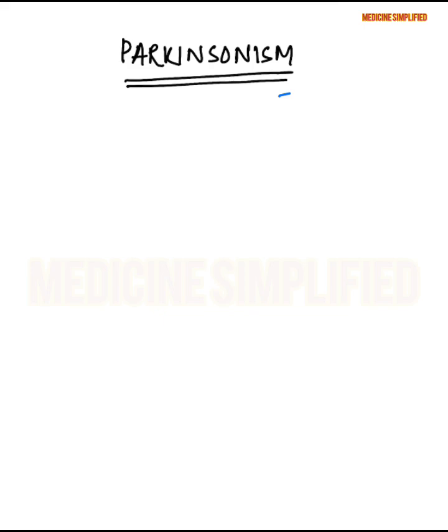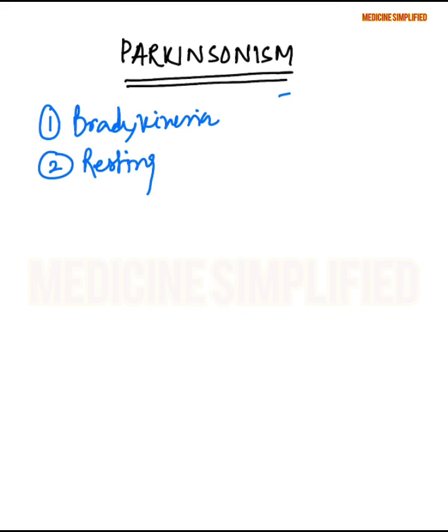Parkinsonism refers to a syndrome, not a single entity. It is characterized by number 1, bradykinesia, number 2, resting tremor, number 3, rigidity.